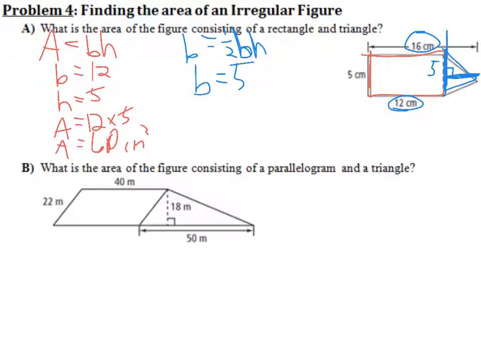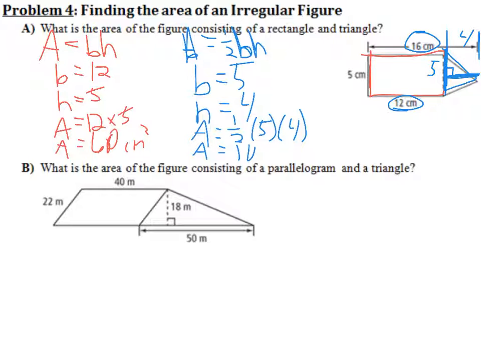So this distance here is what's left over from the 12, which is 4. So my height is going to be 4. So my area is 1/2 times my base times my height. My area here is going to be 10 square centimeters.